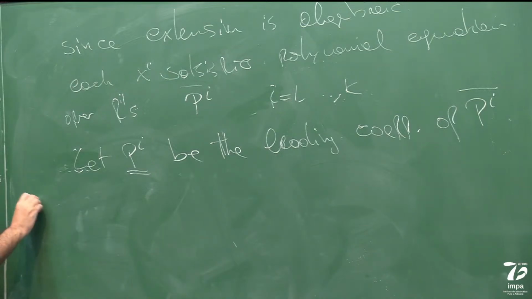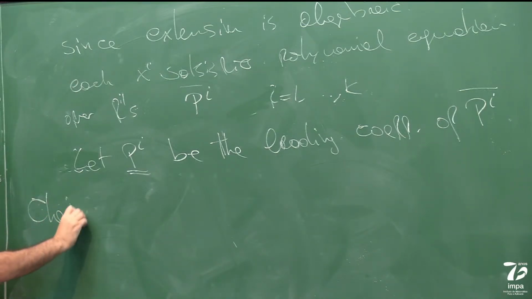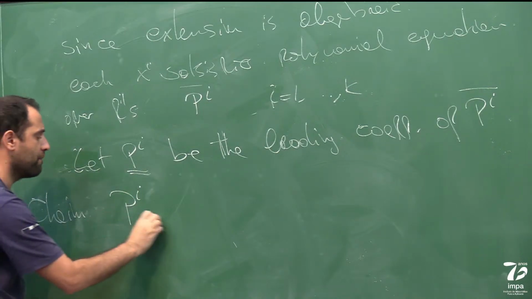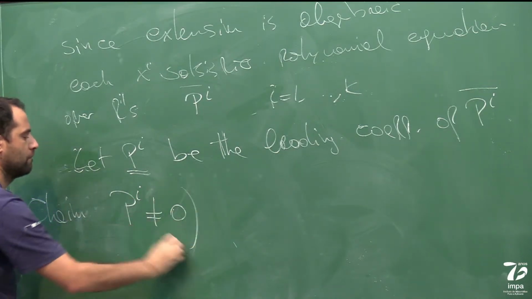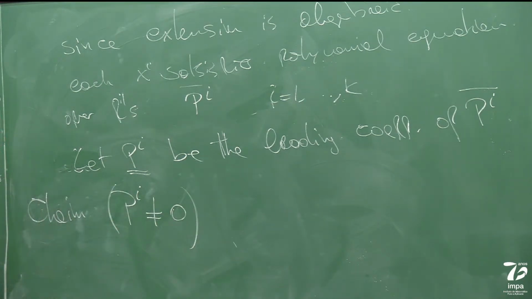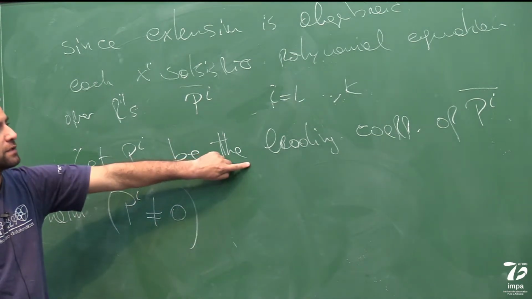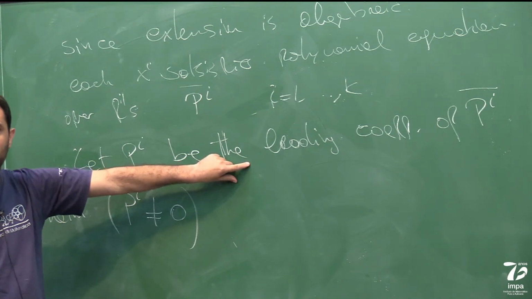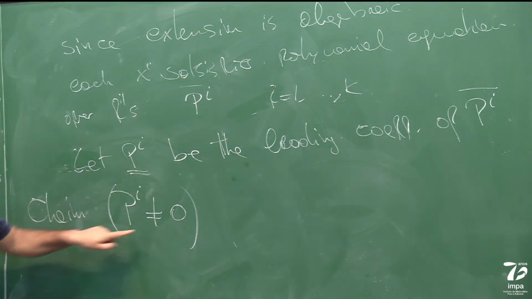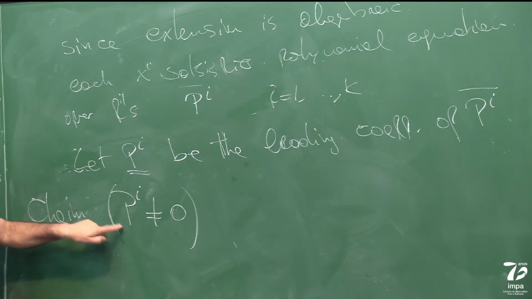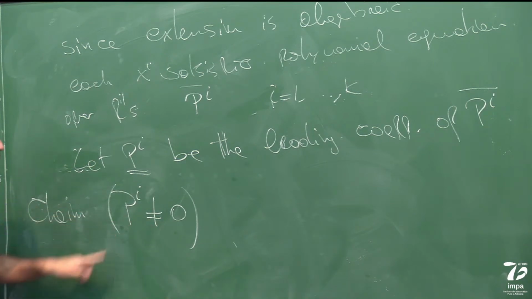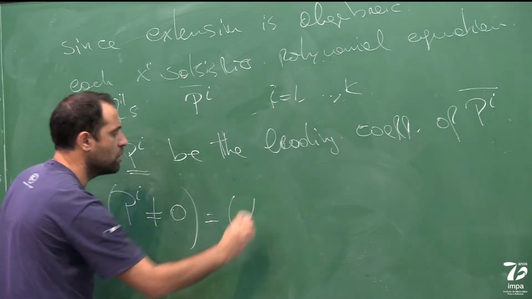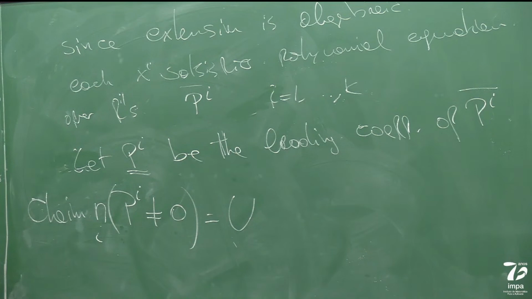And now I claim, if you look at the intersection of all these pi's non-zero, since this is the leading coefficient, it's a non-zero polynomial. So these are all Zariski open. You take the intersection over all i, this is some U, and that's in the image of f.